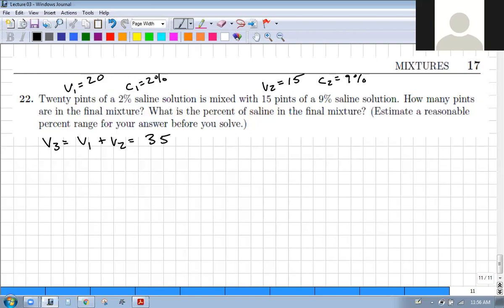Okay, so what is the percent of saline in the final mixture? That's our C3 that we don't know. So let's try to estimate this. 20 pints at 2%, well, that's not very much at all, right? 15 pints of 9%. We have more 2% than we have of the 9%.